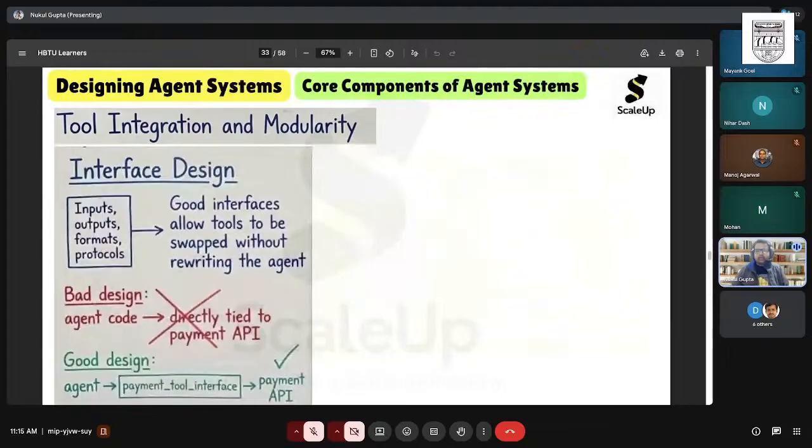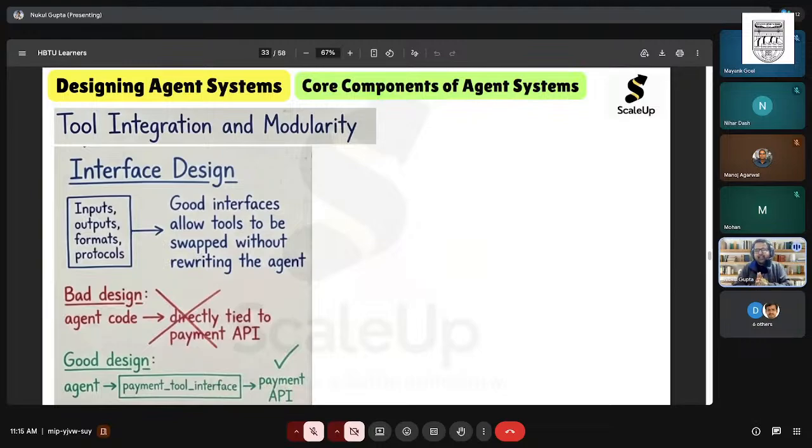Okay. Now interface design. The idea is that to communicate with a tool, we will need an interface. Good interfaces allow tools to be swapped without rewriting the agent. That's very important. We don't want major changes to be done if I want to add a new tool or replace a tool. And that's why we use a framework.